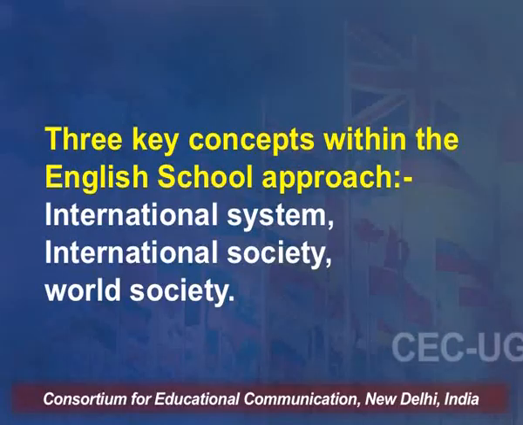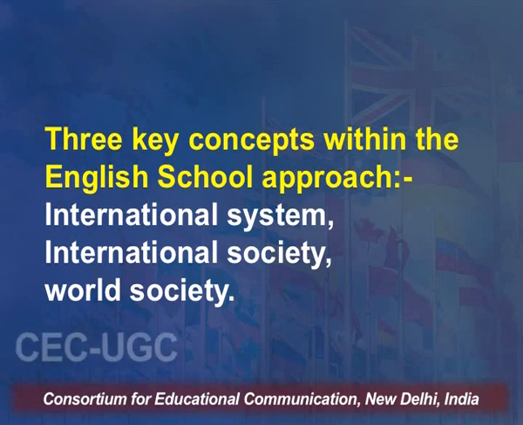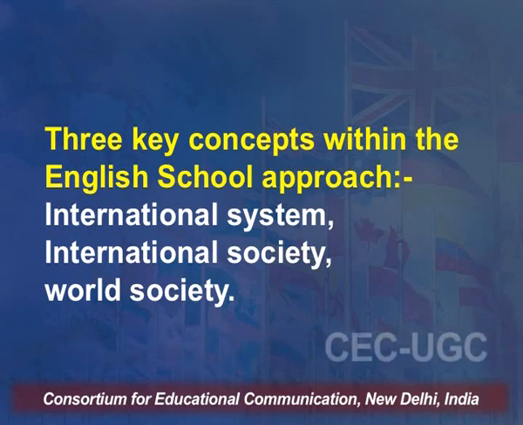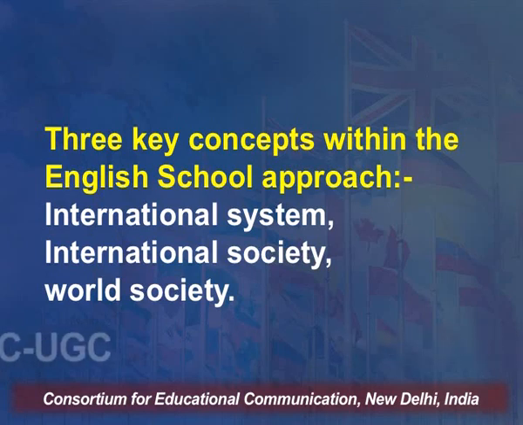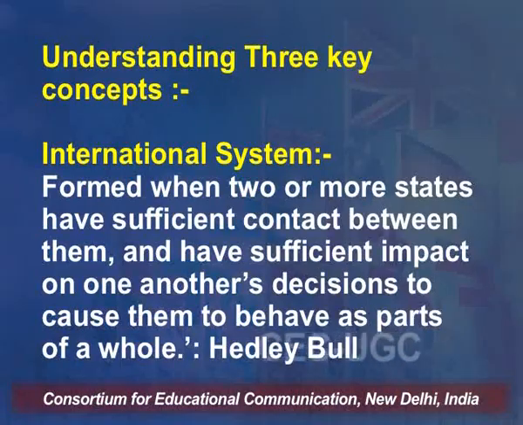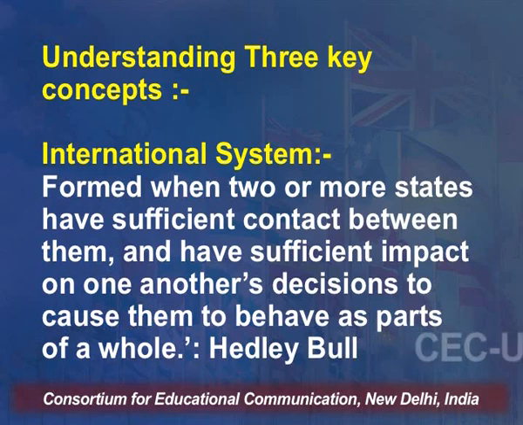The English School perspective gives emphasis towards three key concepts: international system, international society, and world society. We take reference to the definition of each of the three concepts from the work of Hedley Bull.